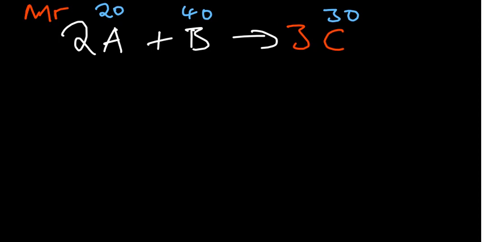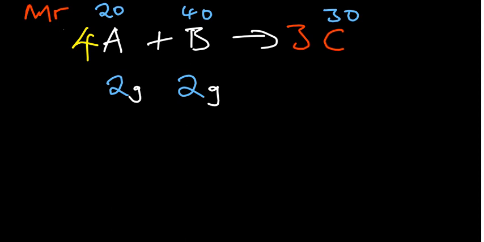And then the other thing that I want us to put into consideration: let's assume we had 2 grams of A and 4 grams of B reacting together to give us C. So the way this works is this.